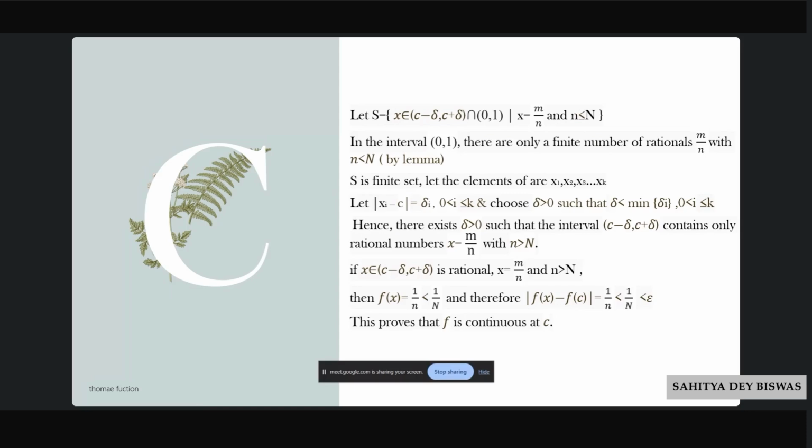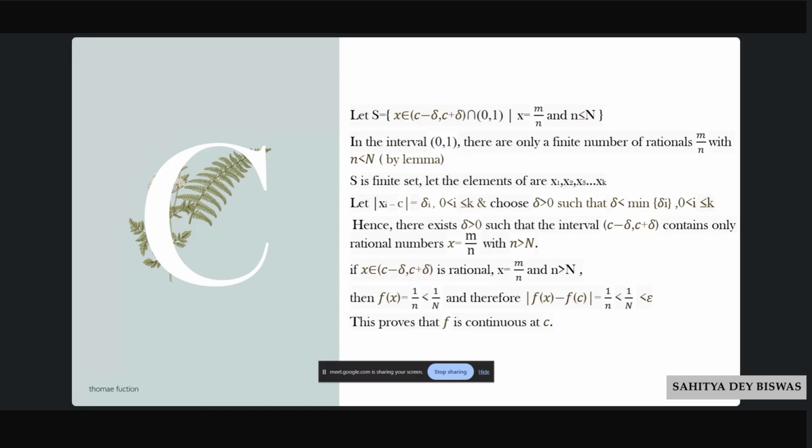So there exists a delta greater than 0 such that if I take the interval c minus delta to c plus delta, then there are only those rational numbers whose denominator is greater than N, because I have removed those rational numbers whose denominator was less than or equal to capital N by taking the minimum of their distances.